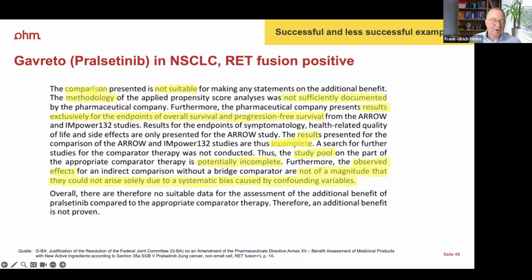Here, obviously, in non-small cell lung cancer, pralsetinib did not have an orphan drug designation and hence was assessed without applying the orphan drug exemptions in the German setting.